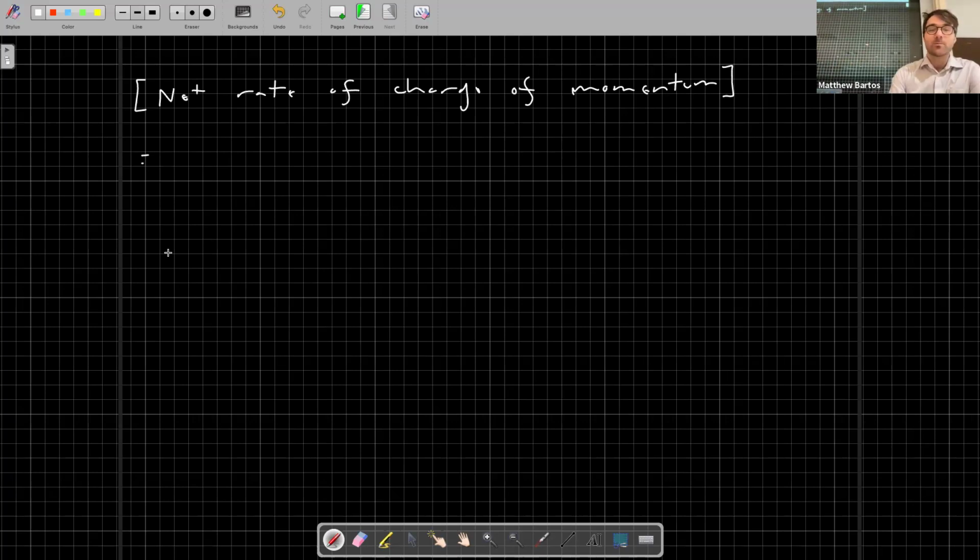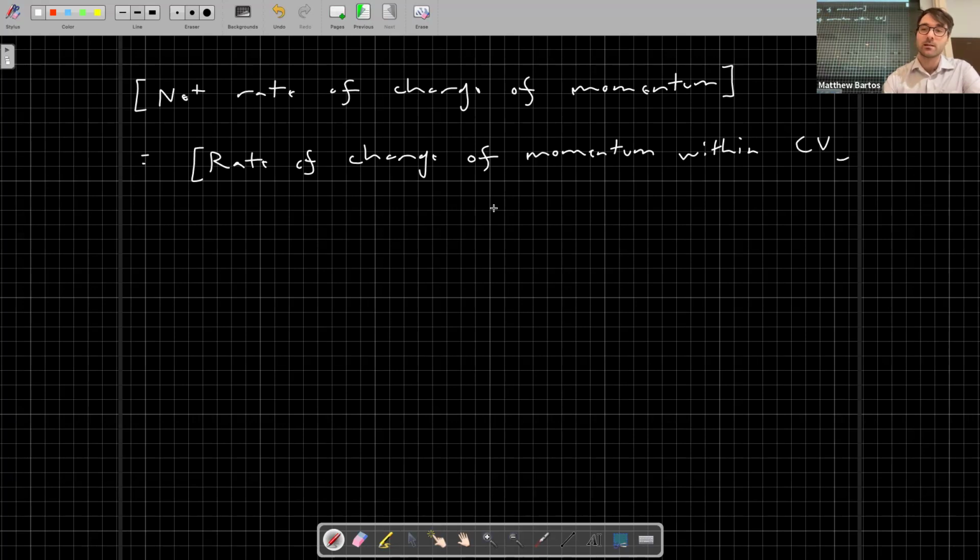From everybody's favorite theorem, Reynolds transport theorem, we have that this net rate of change of momentum is equal to the sum of two quantities. The first is the rate of change of momentum within the control volume. And the second is the net momentum flux through the control volume.